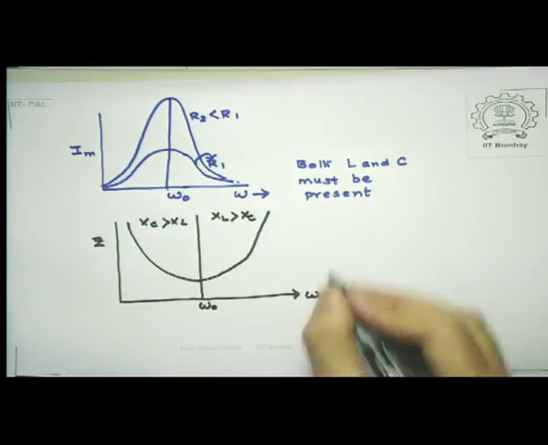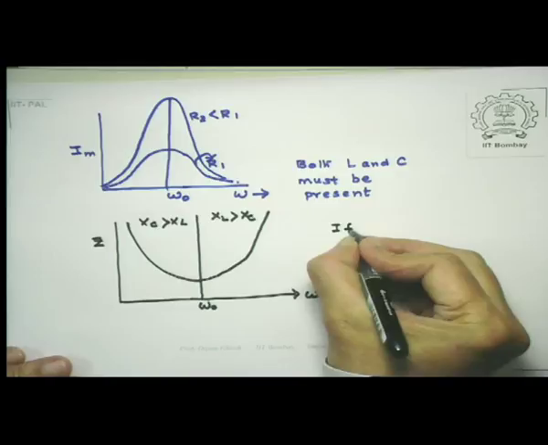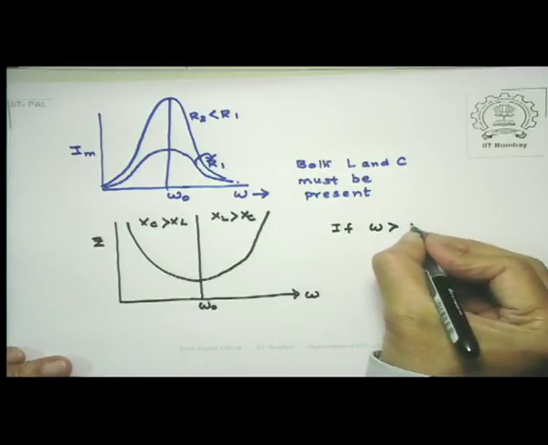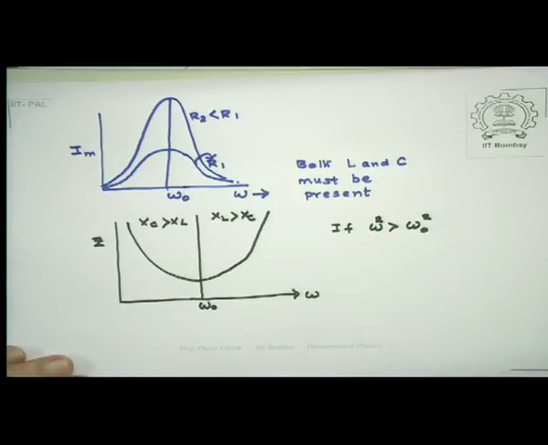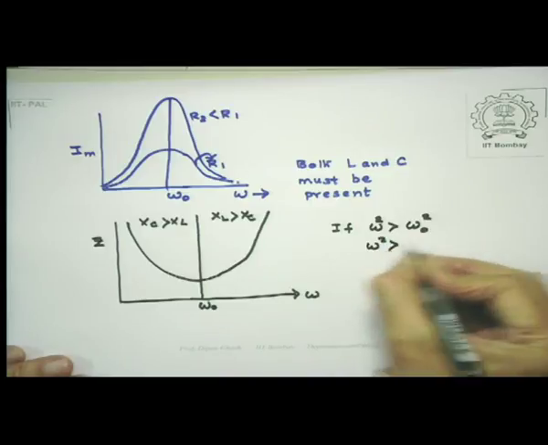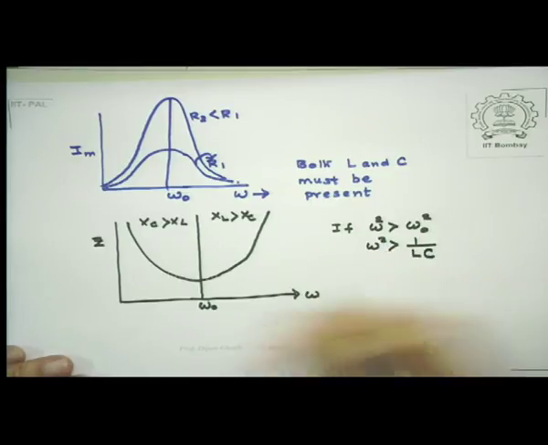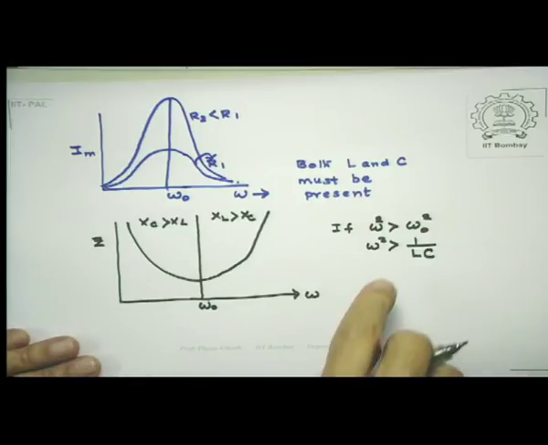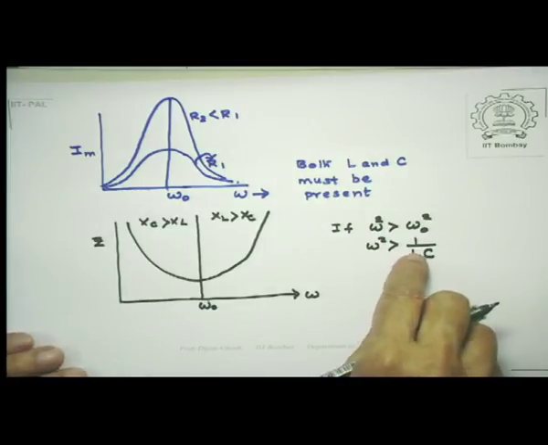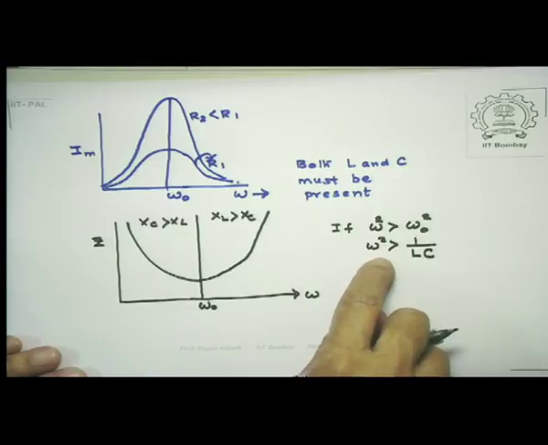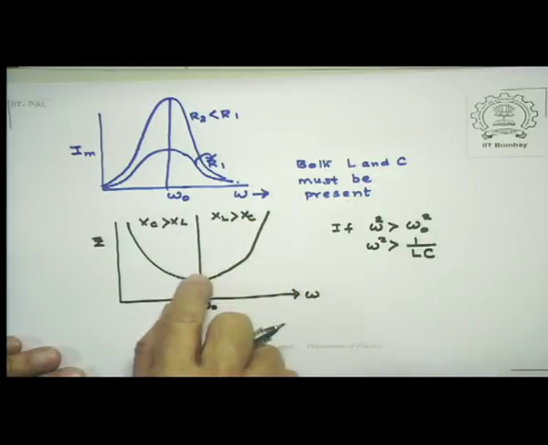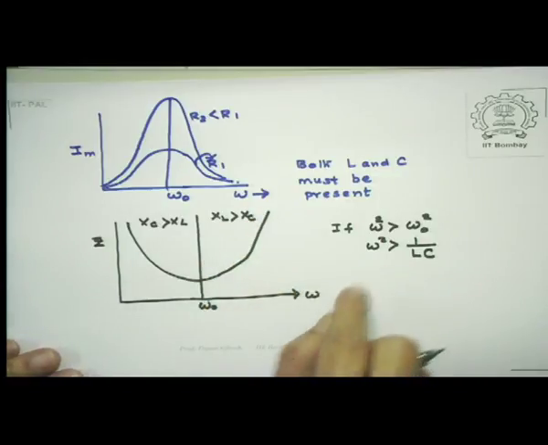Now notice, if omega is greater than omega 0, alternatively if omega square is greater than omega 0 square, then omega square is greater than 1 over LC. So I have L omega greater than 1 over omega C, and L omega, if you recall, is the inductive reactance. So this is what we are talking about in this part, and the reverse is of course true if I have omega square less than omega 0 square.